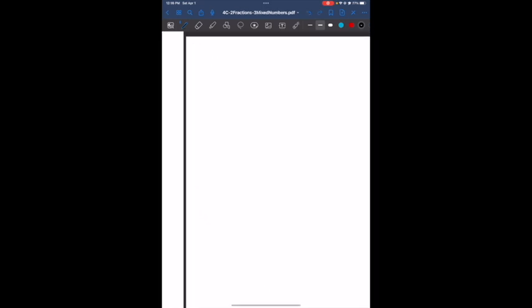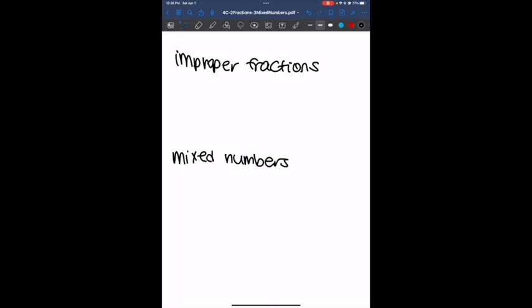So before we go into mixed numbers, we want to talk about improper fractions and mixed numbers. So improper fractions are in the form of A over B, like 27 over 6.